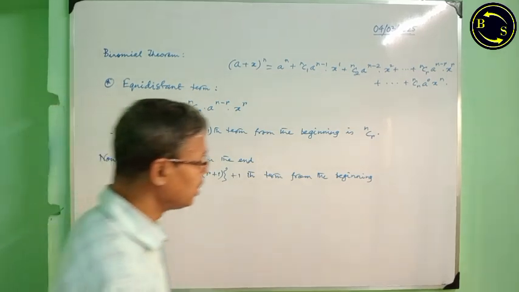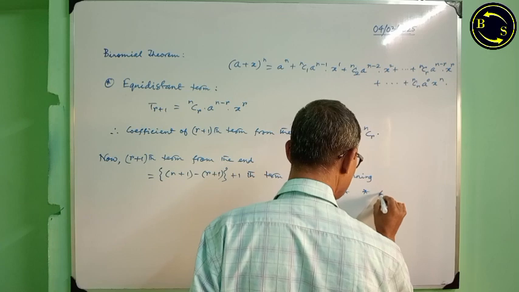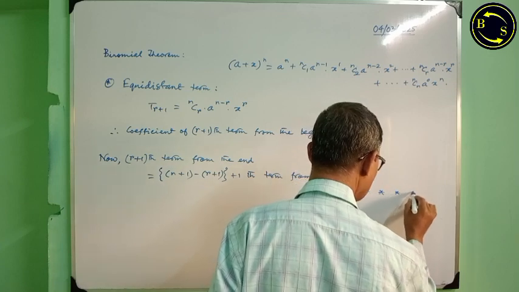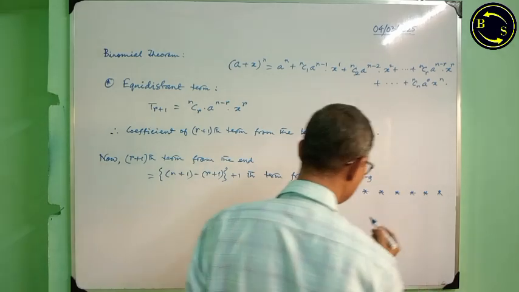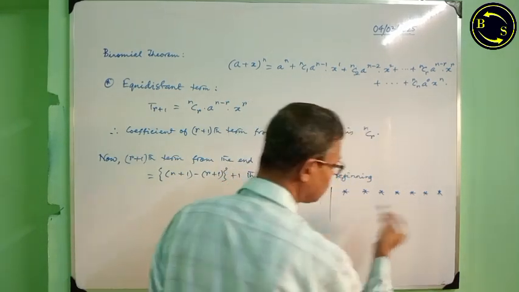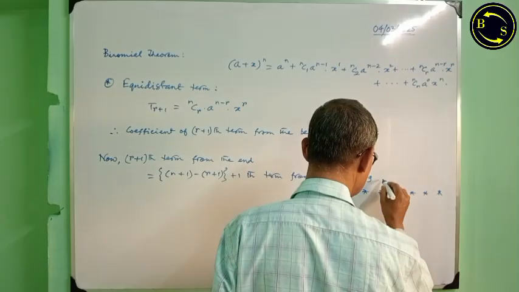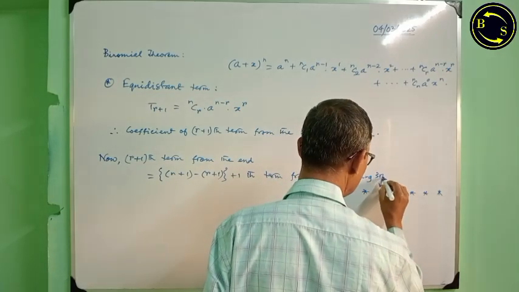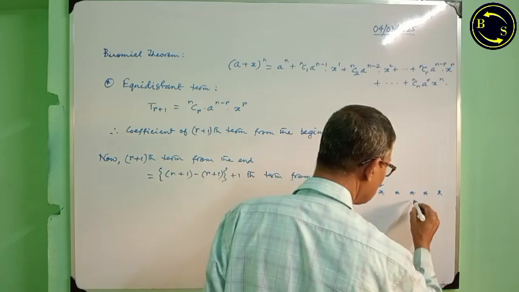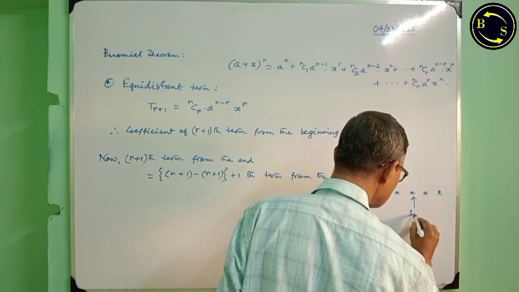Let me take an example. Let there be 7 terms. Now I consider this is the third term, and from the end, third term is this.